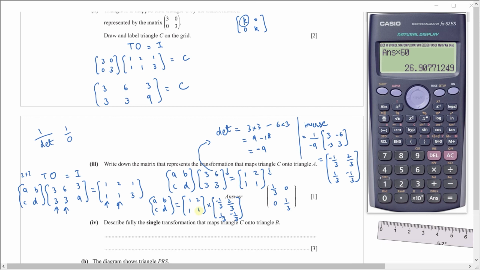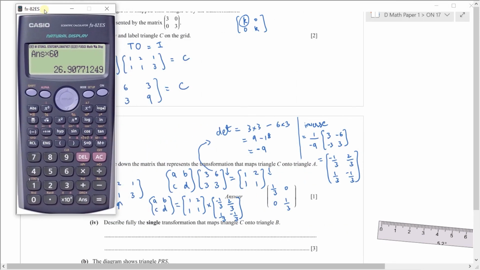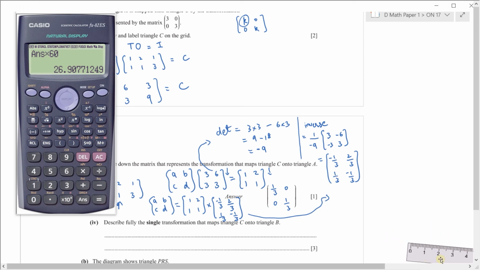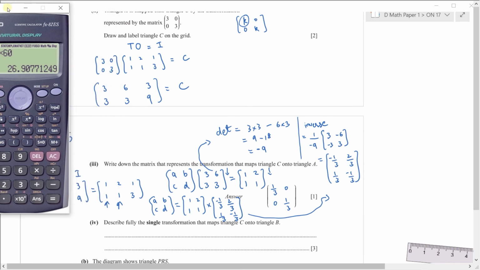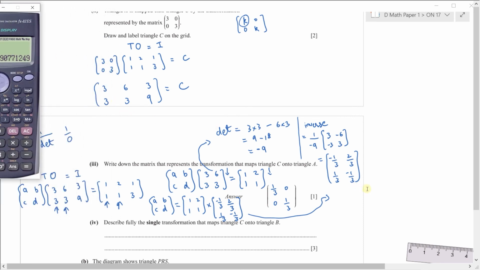So now we can multiply this row with this column. Let me move this to this side and continue it here. A, B, C, D will equal this row multiplied by this column, which is 1 multiplied by -1 by 3 plus 2 by 3.